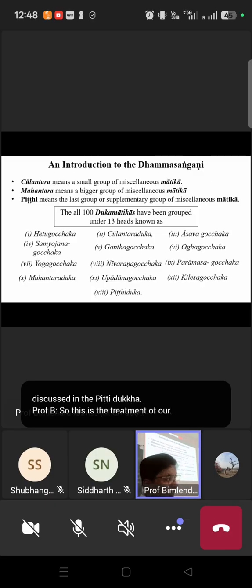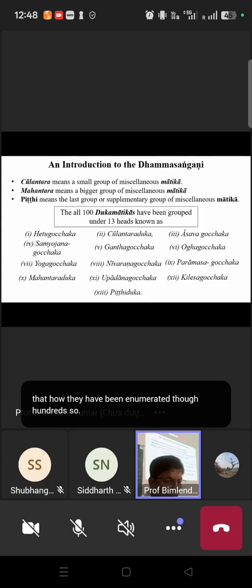If you see how they have been enumerated, the 100 Dukmatikas: first of all, Hetu Gochaka, then the Chulantara Dukka, then Asava Gochaka, then Sanyojana Gochaka, then Gantha Gochaka, Ogha Gochaka, Yoga Gochaka, then Nivarana Gochaka, then Paramasa Gochaka, then after that the Mahantara Dukka, then Upadana Gochaka, Kilesa Gochaka, and lastly there is a Pitthi Dukka.